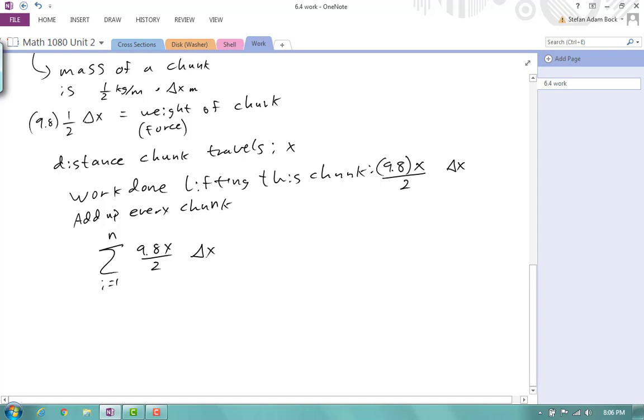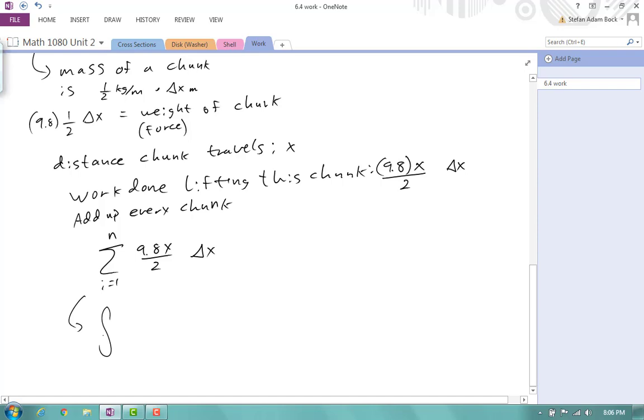But we're used to seeing this type of thing. I could translate this into an integral by applying a limit as n goes to infinity. If I have infinitely many chunks, then I have chunks which are very small, and I'll have a better estimation of the total work done, or specifically the exact work done. I'll have an integral across my x values.